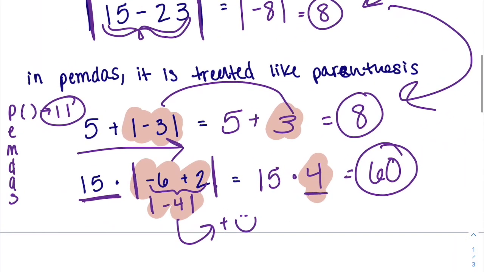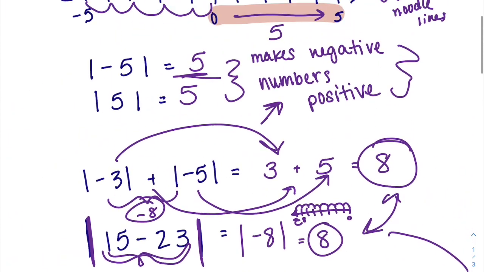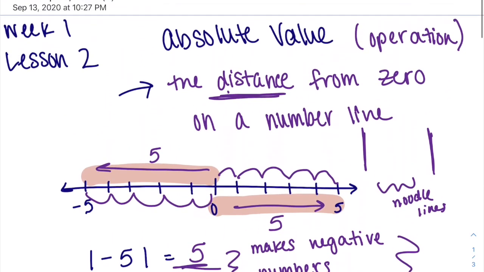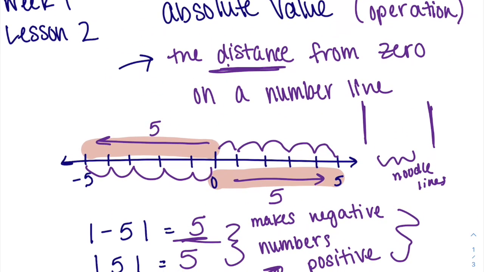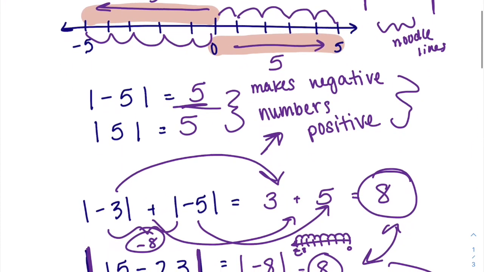So now we're done. We did 15 times 4. That was the multiplication down here. It's the only other step that we had, and we got 60. So our lesson, what we're taking away from this today, is that the absolute value is the distance a number is from 0 on the number line. It'll make a negative number positive.